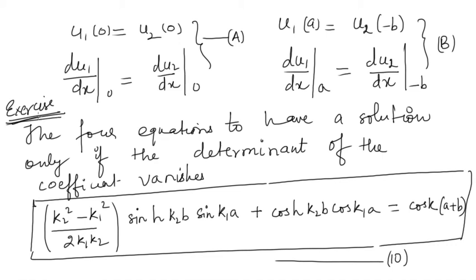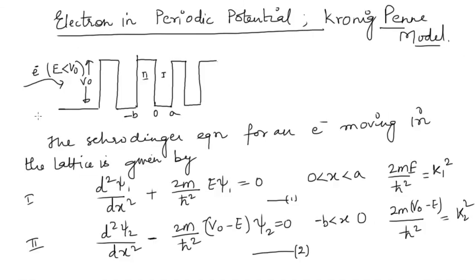Now, this result is simplified if we represent the potential by a limit. What was my actual potential? If I go back here, the width of the well b goes to 0, and the potential V naught goes to infinity, in such a way that basically it's a Dirac delta function.